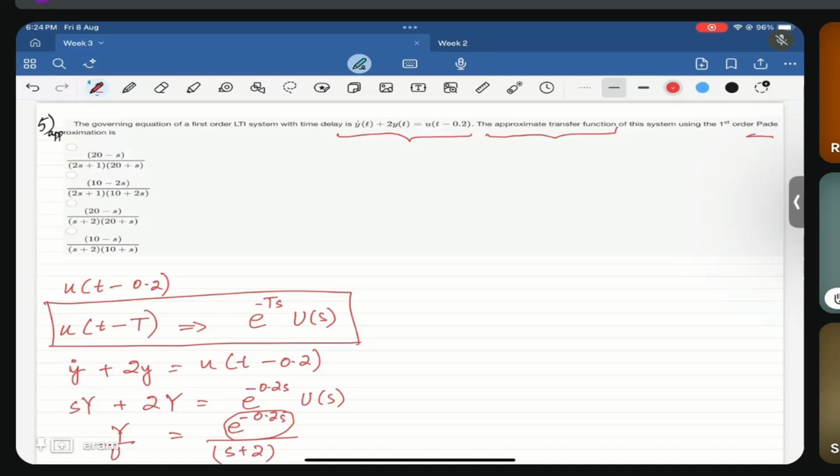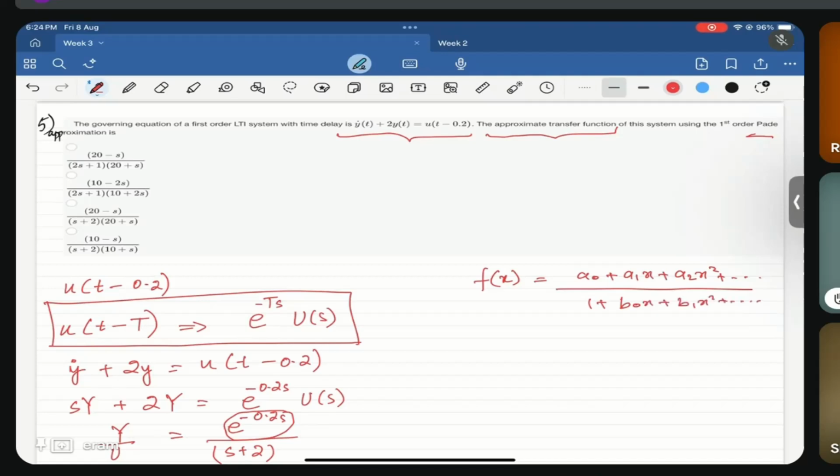So Padé approximation basically tells us that any function f(x) we can approximate as a ratio of polynomials, right? So it can have a0 plus a1x plus a2x square, divided by 1 plus b0x plus b1x square, like that.